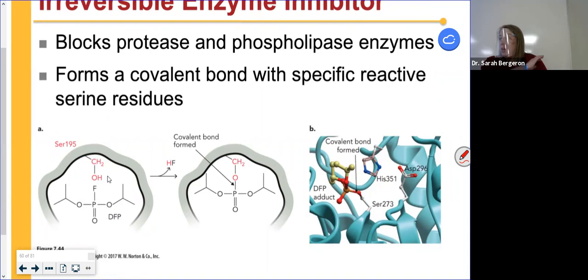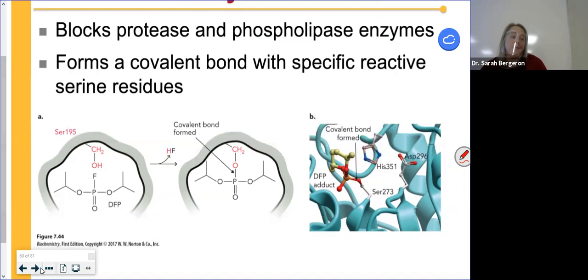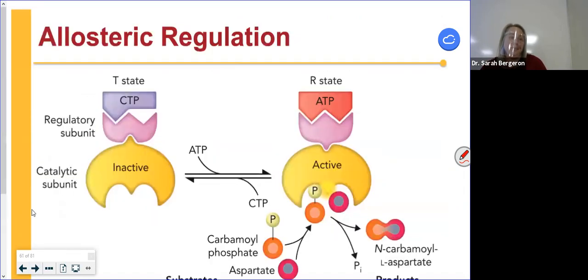You remember all those enzyme kinetics where we looked at each side chain? What if you mess up one of those residues? It's going to completely inhibit the enzyme, and the enzyme is going to be inactive. And not only is it inactive, but you've taken it out permanently. It's a covalent bond. You're not going to disassociate it.